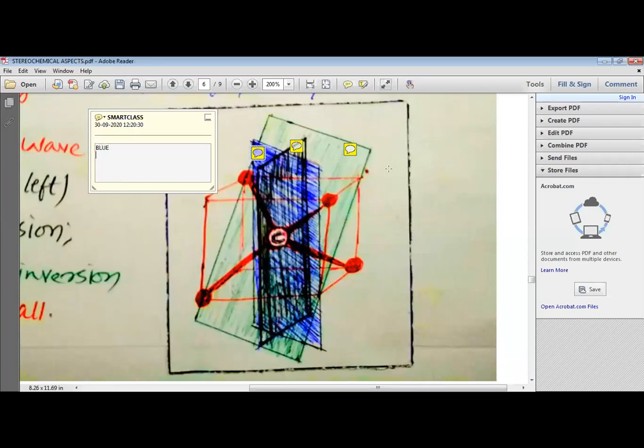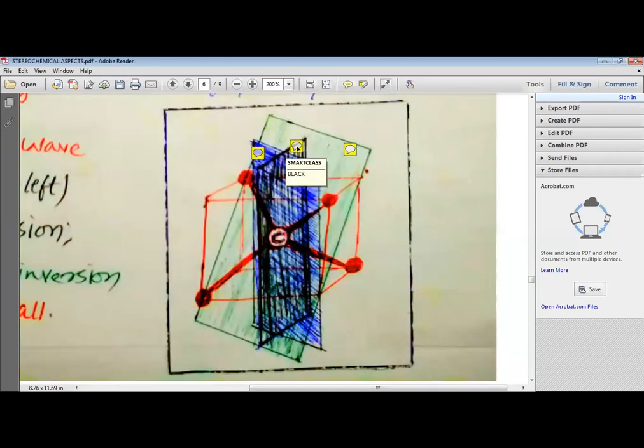Look at these planes and you realize that you have 3 different planes. One is blue, another is black, third one is green. Each plane cuts the carbon and 2 atoms at the same time. You will realize that there are carbon and 2 points present at the same time on these planes. And the other 2 atoms become the mirror image of each other.